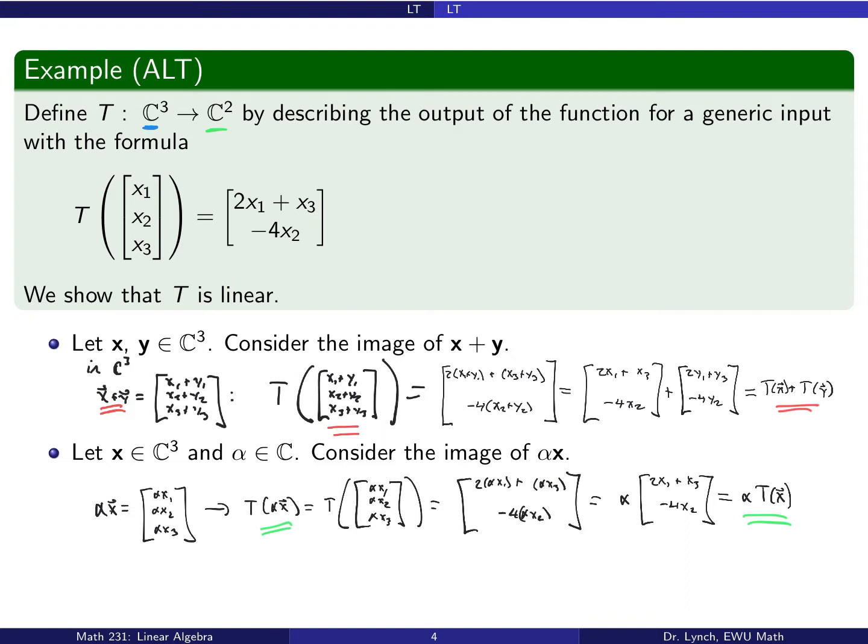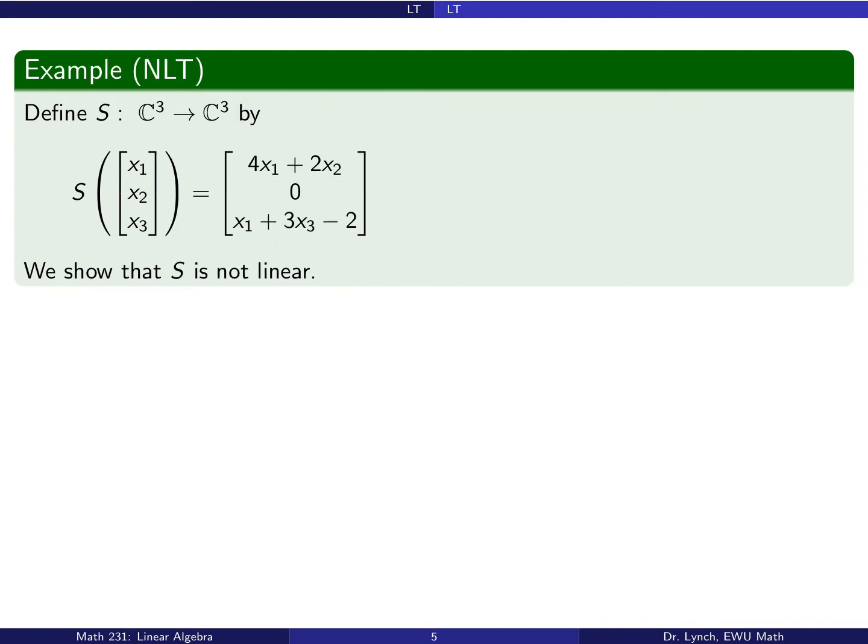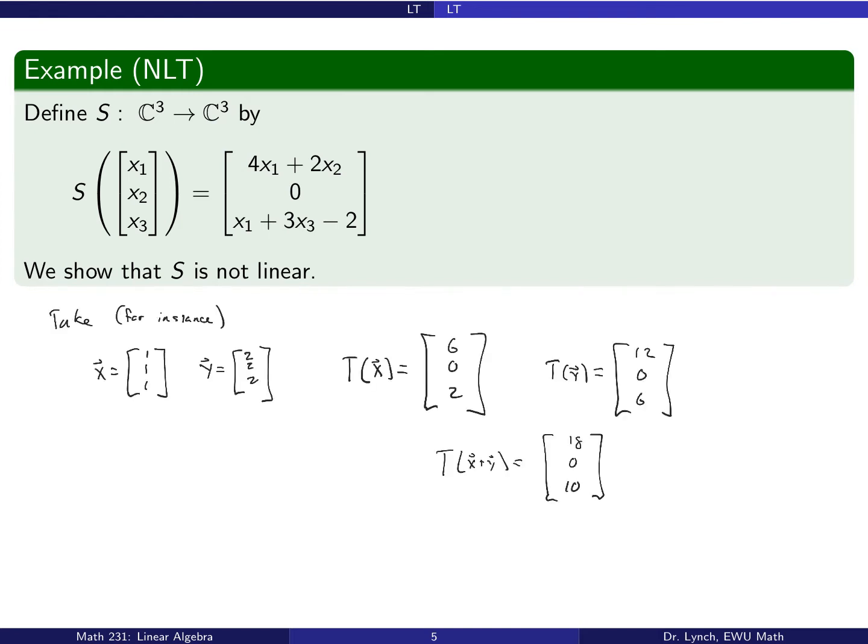Of course, if there are some transformations that are linear, there are some transformations that are not. We can see quickly that this transformation is not linear by just picking a couple of elements from C3 and showing that, for instance, the image of the sum is not the sum of the images.